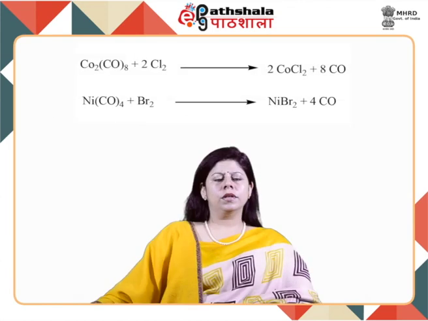Some metal carbonyls are decomposed by halogens forming metal halides and carbon monoxide. You can see the cobalt carbonyl complex on reaction with chlorine gives 2 cobalt chloride and 8 molecules of carbon monoxide. Similarly, nickel carbonyl complex on reaction with bromine gives nickel bromide and 4 carbon monoxide molecules.